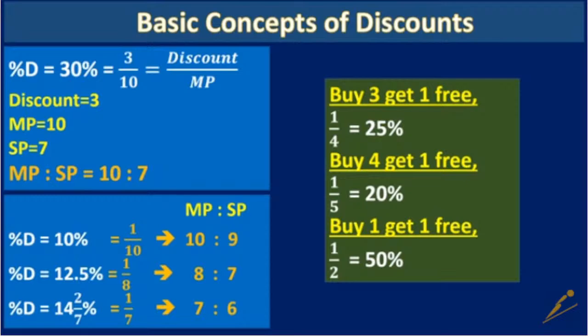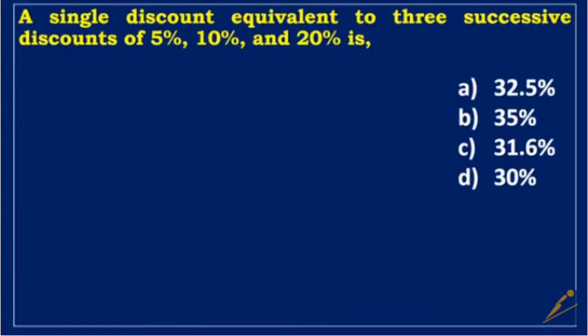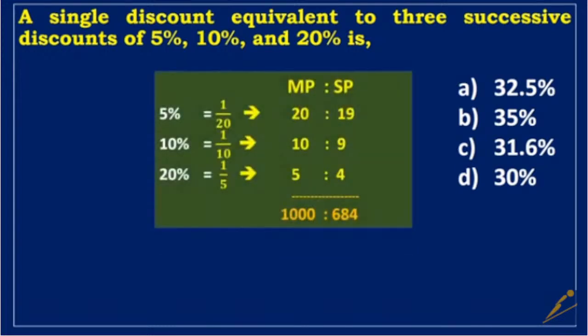Buy 3 get 1 free is equivalent to a 25% discount on each item. You're essentially buying 4 items for the price of 3. Buy 4 get 1 free is equivalent to a 20% discount on each item. The ratios for the 30%, 10%, and 20% discounts are 10:7, 10:9, and 5:4 respectively.